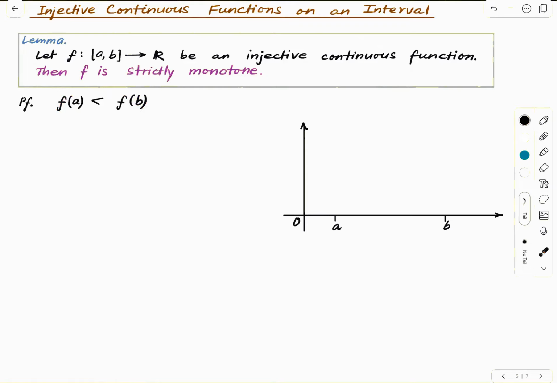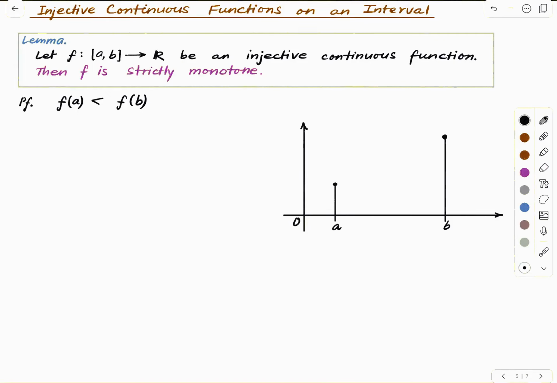So assume this is the case, and we want to argue that the function is strictly increasing, right? Let me maybe draw just some reference value. So let's say that is the point on the graph of the function corresponding to A, and it's better to have some extensions. Okay, so those are the values the function takes on A and B. Never mind.